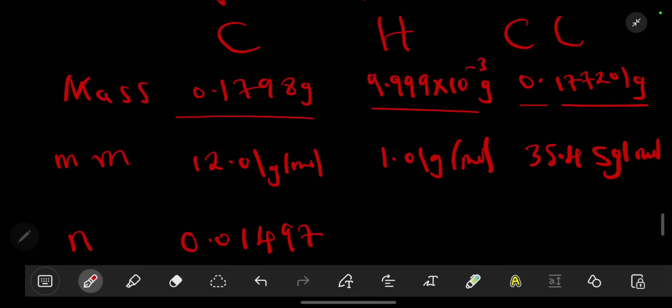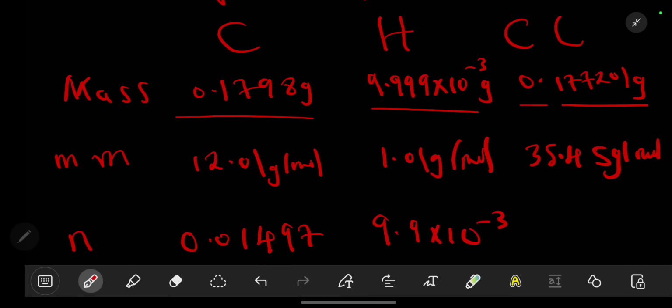Then for this one, 9.999 times 10 to the power negative 3 divided by 1.01 is going to give us the same value, 9.9 times 10 to the power of negative 3.